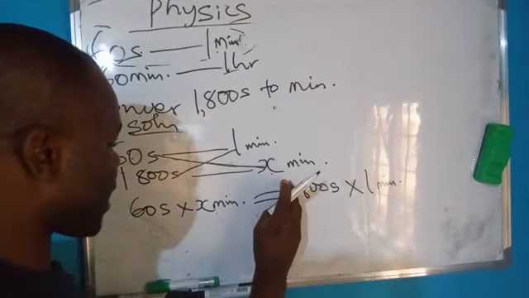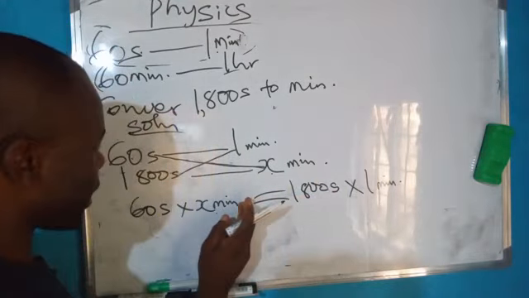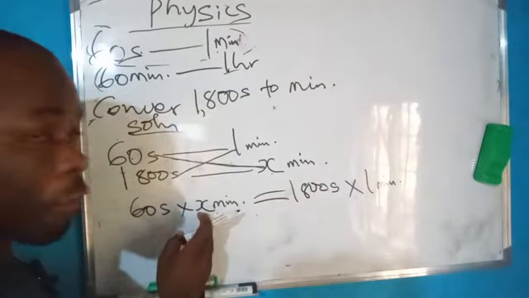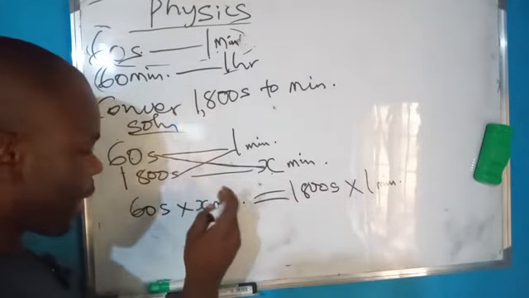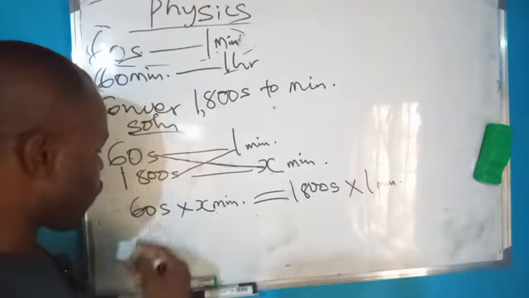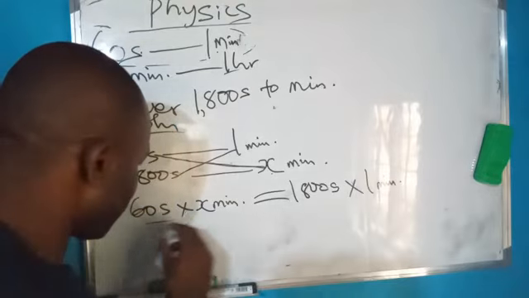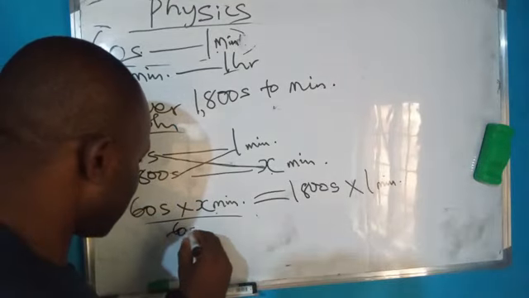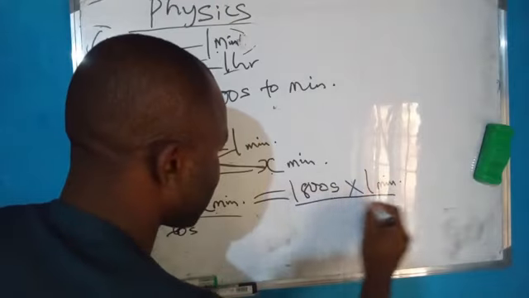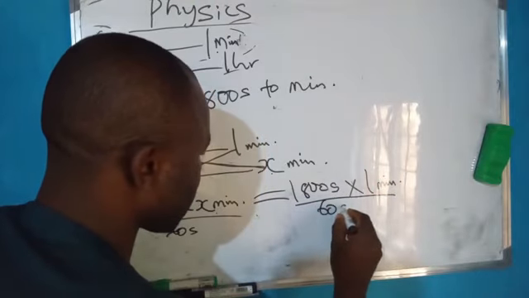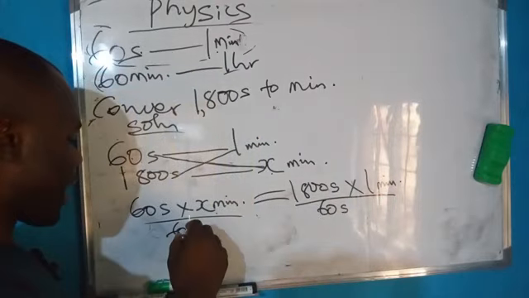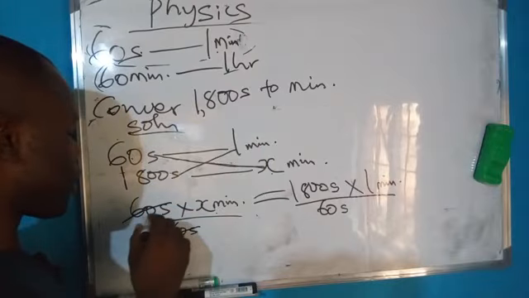Dividing both sides, that is the right hand side and the left hand side, by the coefficient of this x, which is 60 seconds. All over 60 seconds. So that 60 seconds against 60 seconds is 1.